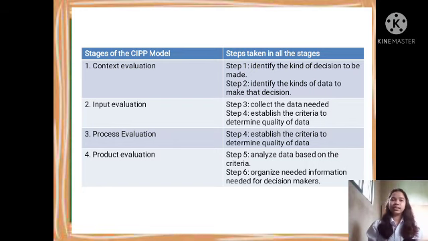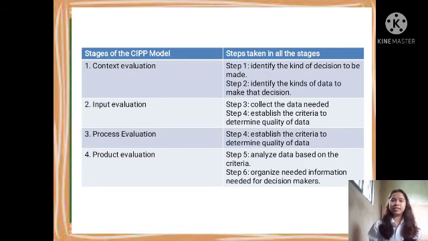For all the four stages, the 6 steps are suggested. So in the table, the first column is stages of the CIPP model and the second column is the steps taken in all stages. So number 1 stage of the CIPP model is context evaluation.